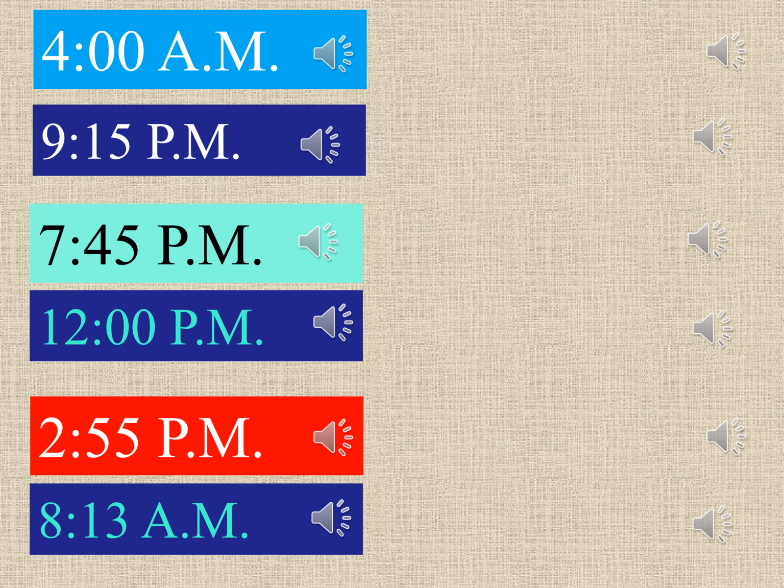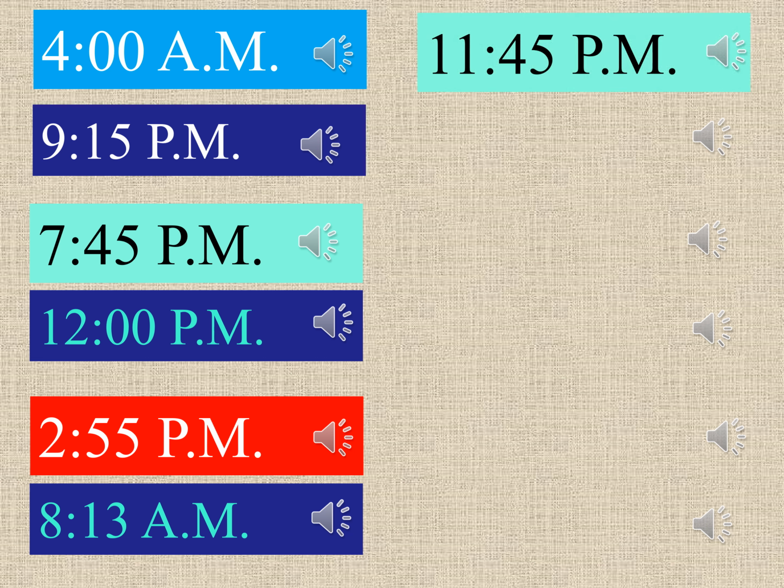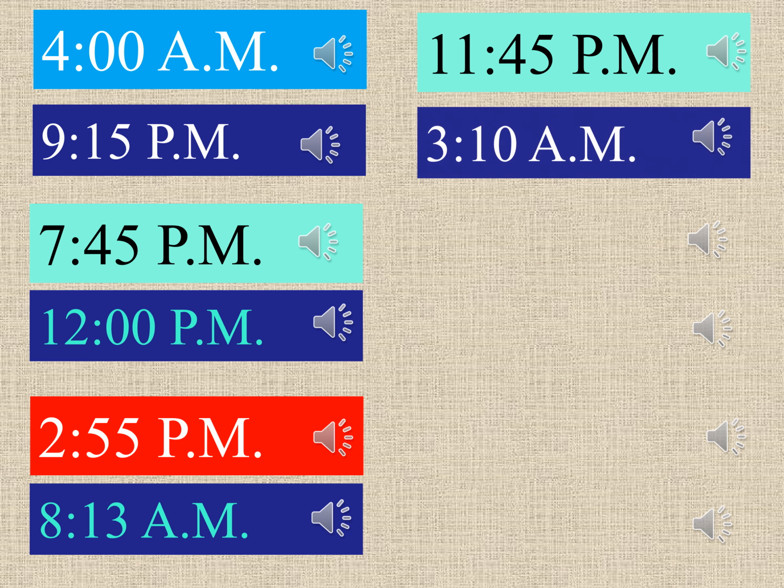Son las 3:10 de la mañana. Son las 10:14 de la noche.